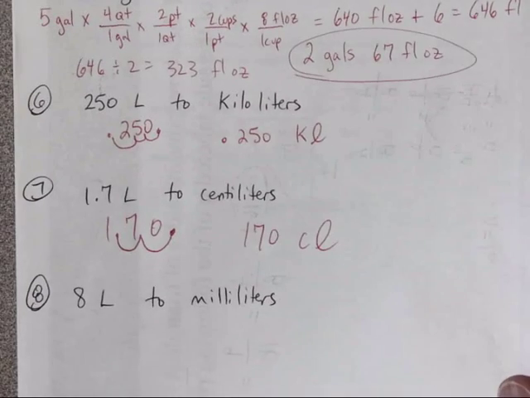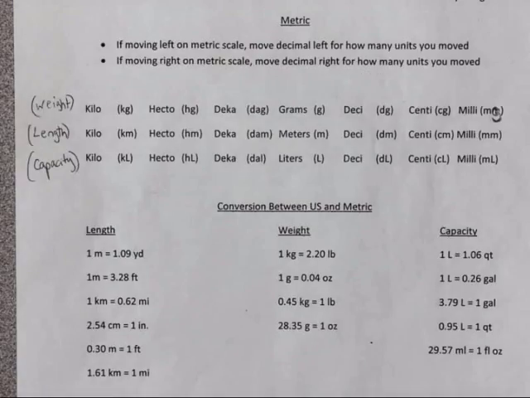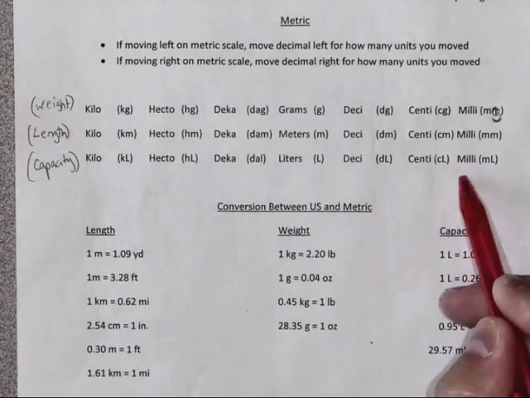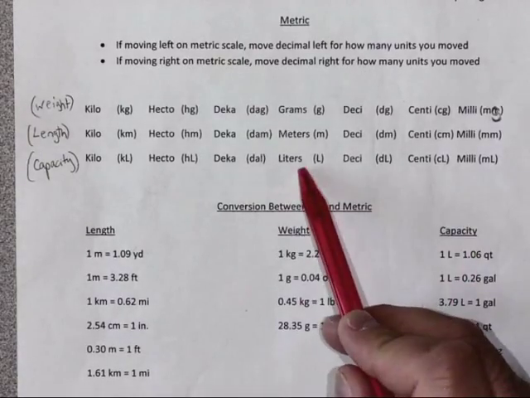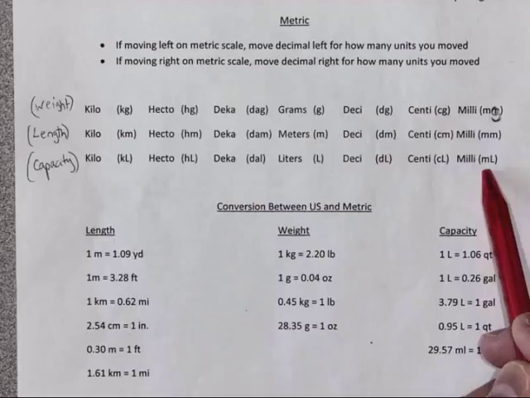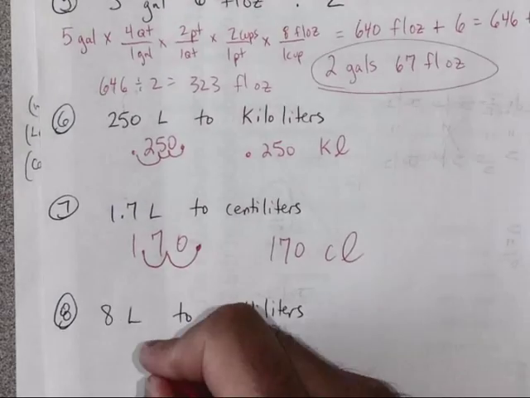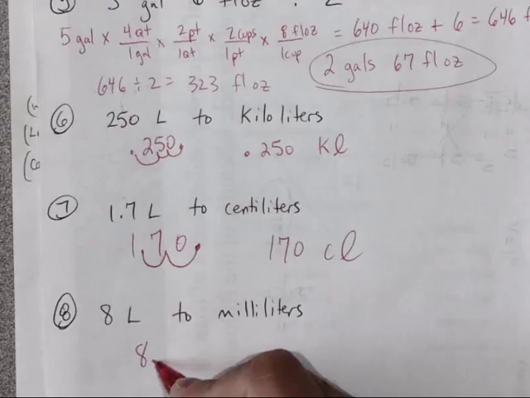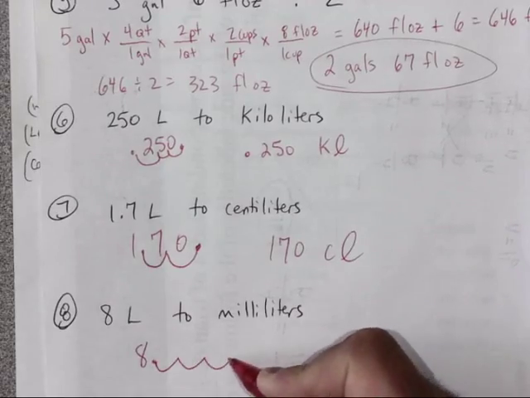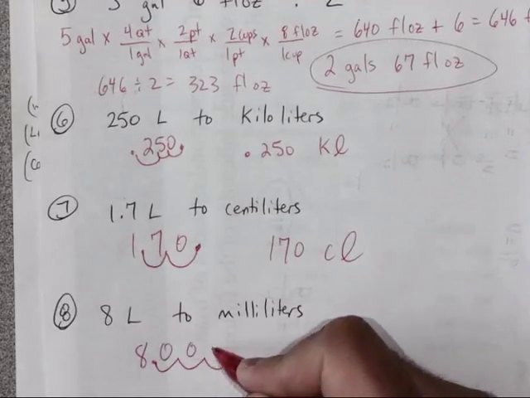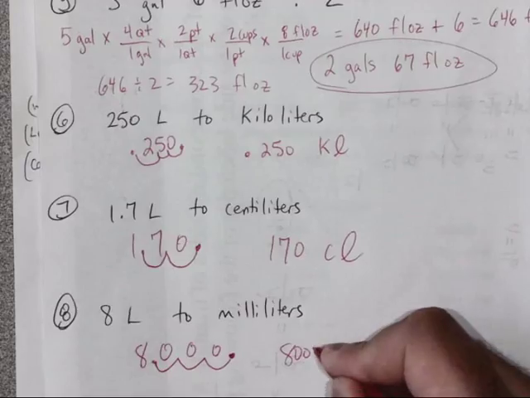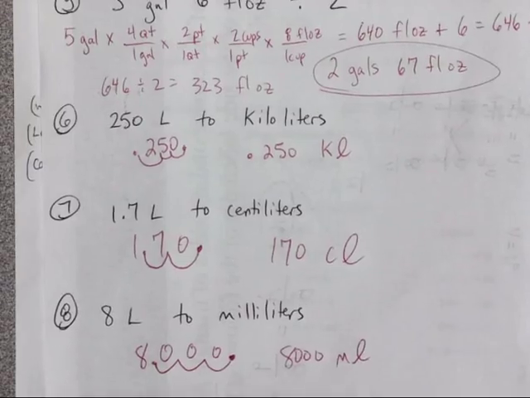And then 8 liters to milliliters. So I'm going from liters to milliliters. So I'm going to go 1, 2, 3 places to the right. So I'm going to move that decimal. So here's the decimal in 8. 3 places to the right, 1, 2, 3. So 8,000 milliliters.